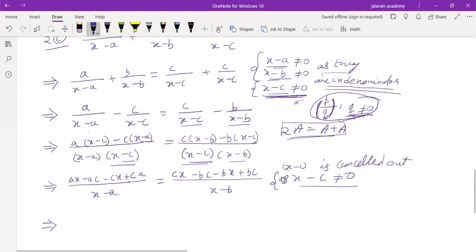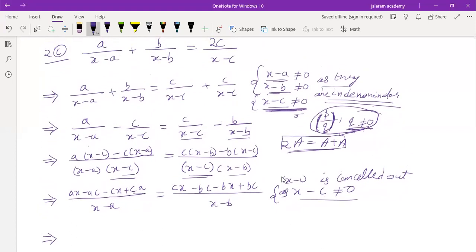Now in the numerator, it is very clear that ca and ac are the same things, so they will be cancelled out. So in the next line, ax minus cx over x minus a equals, in this bc will be cancelled out, so cx minus bx over x minus b.